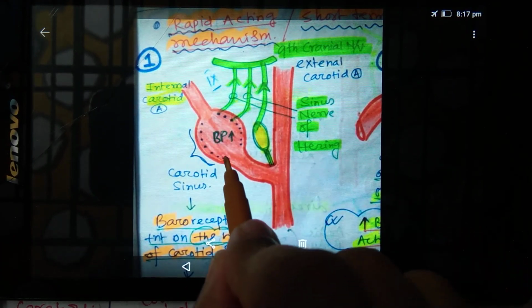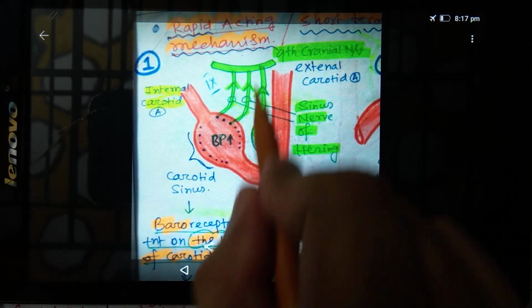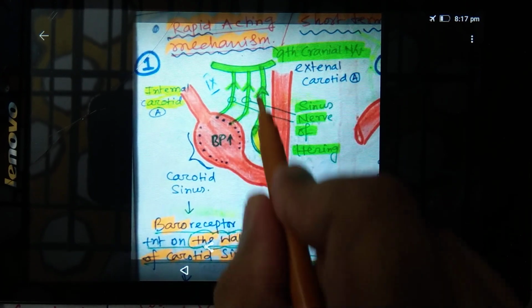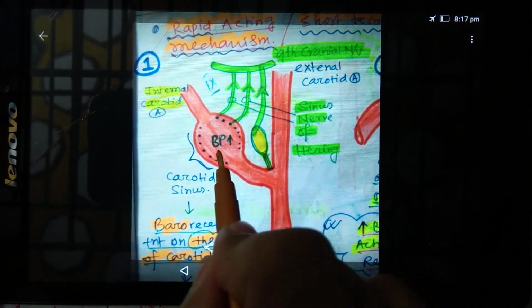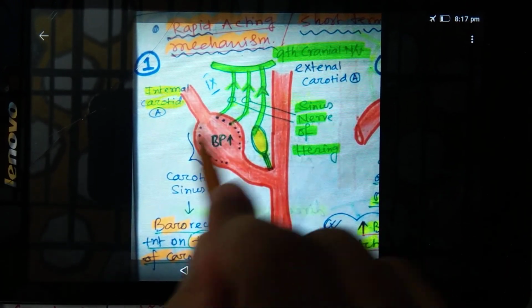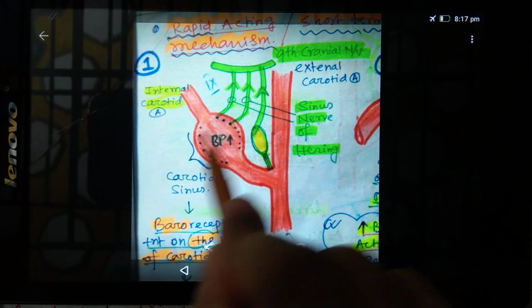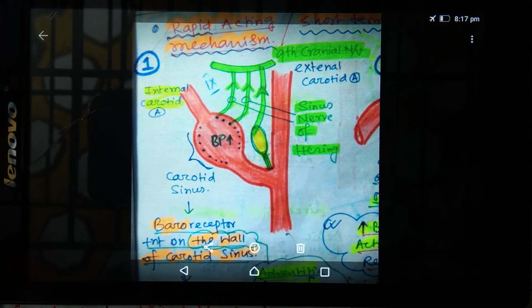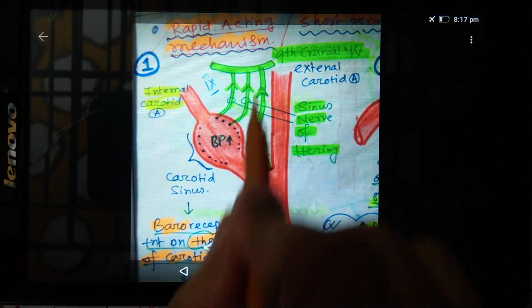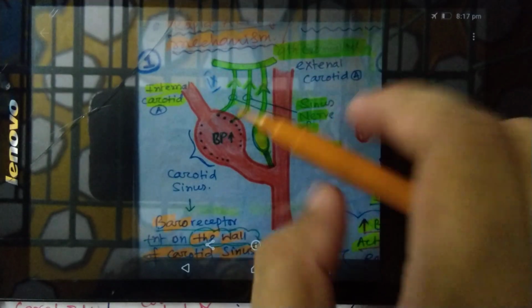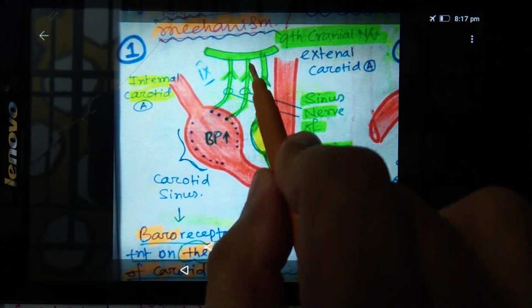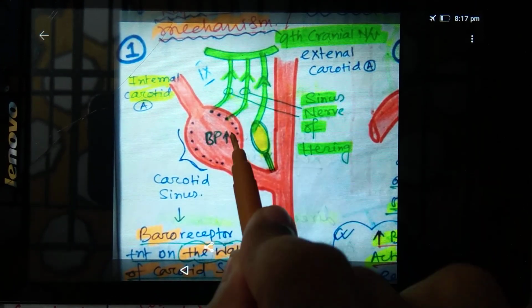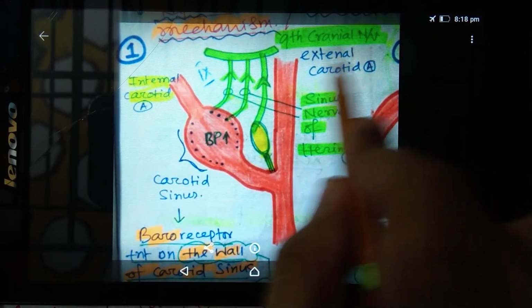Then this information is carried by nerves called the carotid sinus nerve of Hering. From the wall of the carotid sinus it is carried to the ninth cranial nerve.